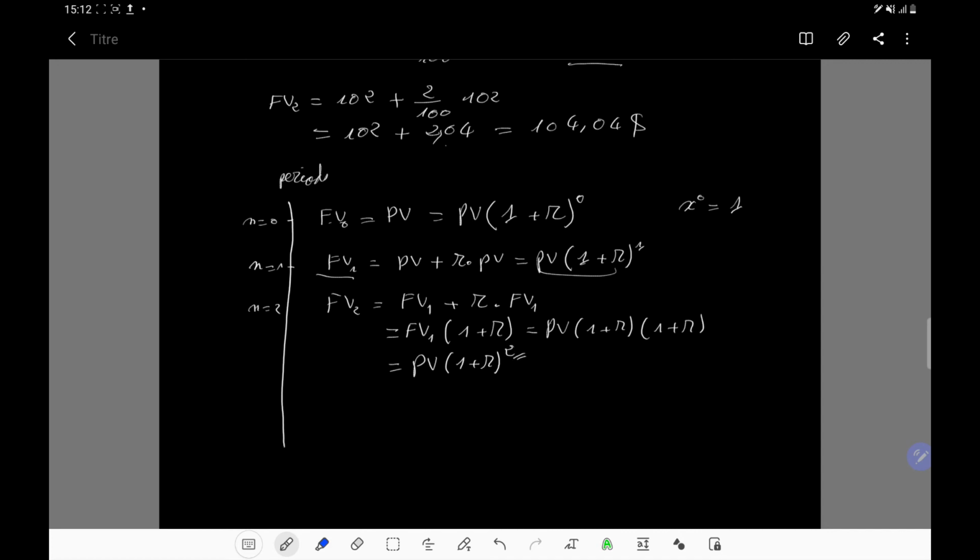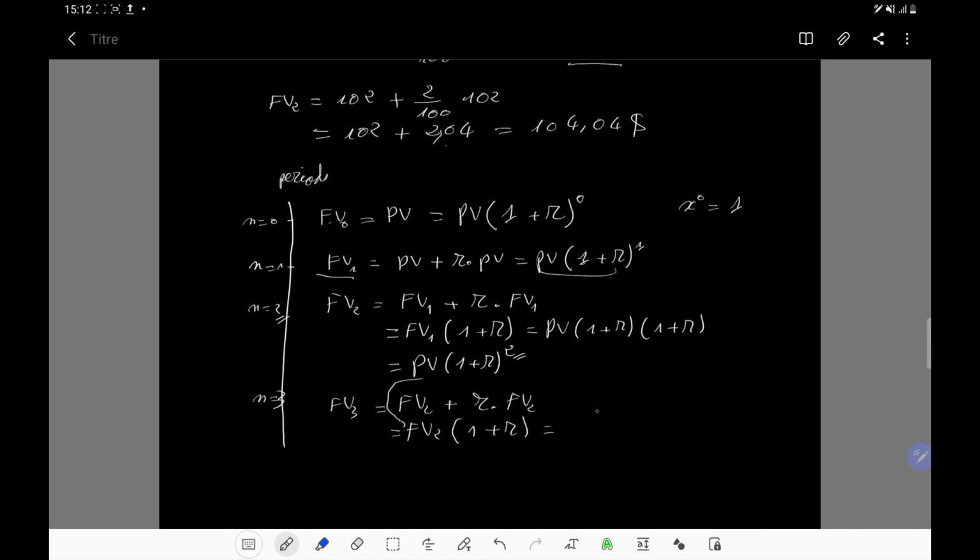Okay, for n equals 3, future value number 3 equals what? Future value at the year number 2 plus interest rate times future value number 2 equals future value times 1 plus r in function of present value.